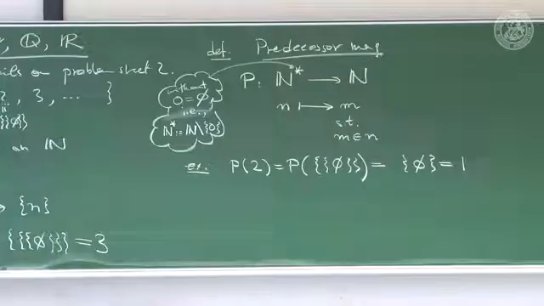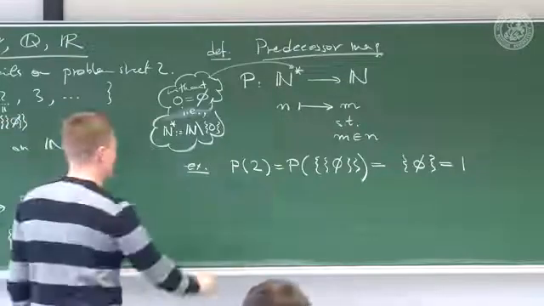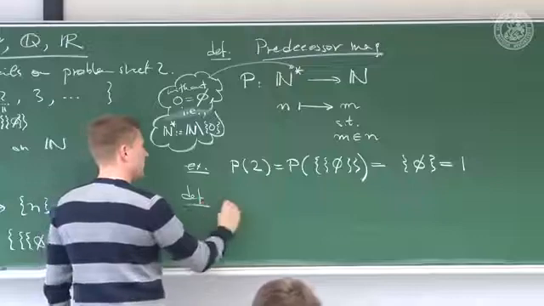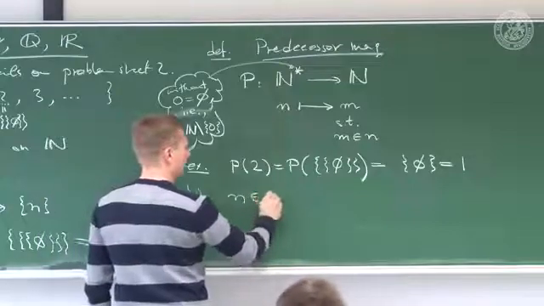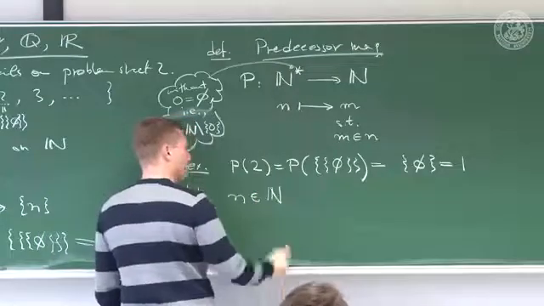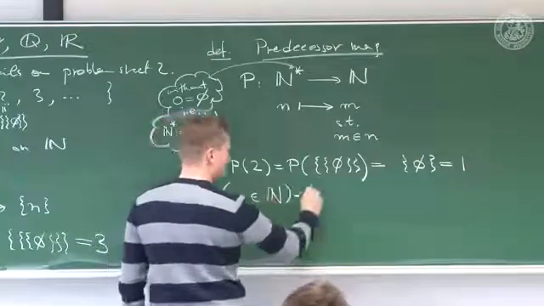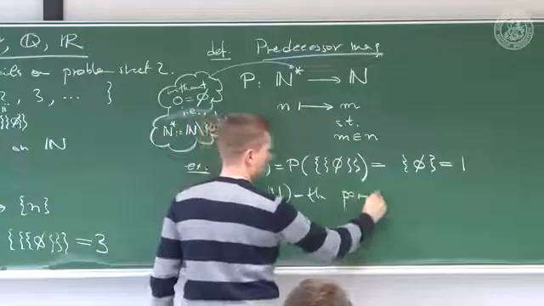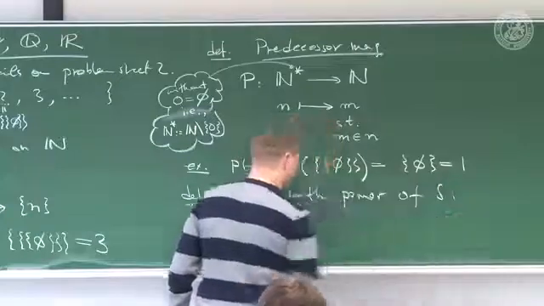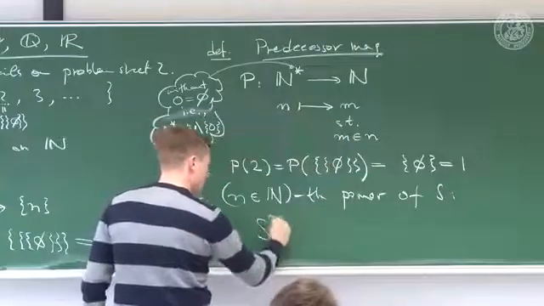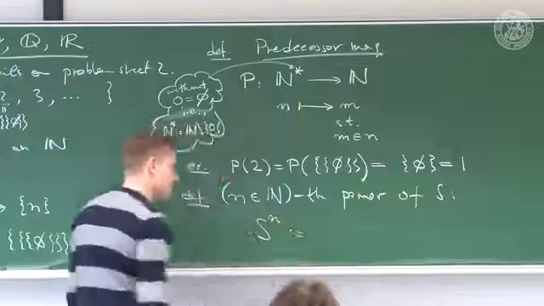Okay, so we have the successor map, we have the predecessor map, and now we can define the nth power of the successor map, and that is S to the n. What kind of guy is this?